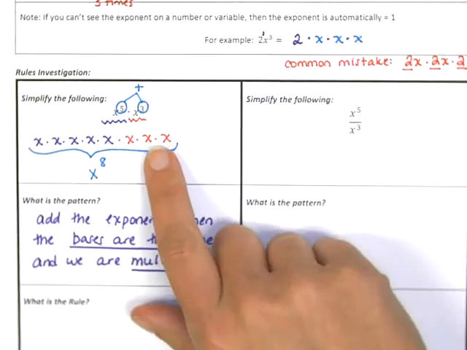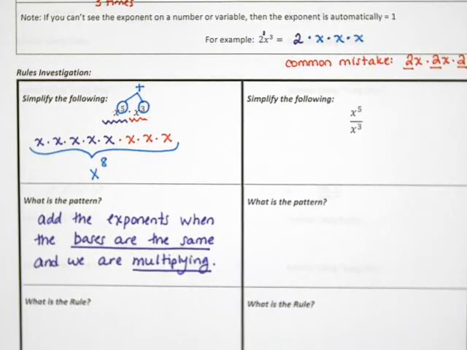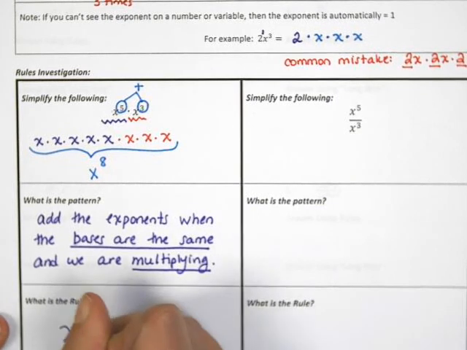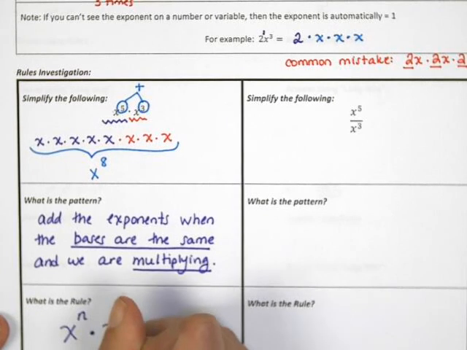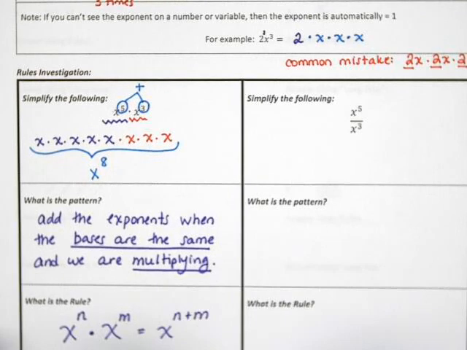If this had been y's, 3 y's in a row, I wouldn't have been able to simplify it quite the same way. So in general, when we write this as mathematicians, what we usually write is this: x to the n times x to the m is equal to x to the n plus m.